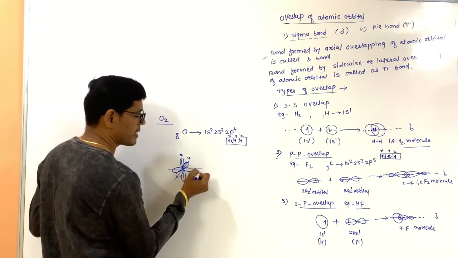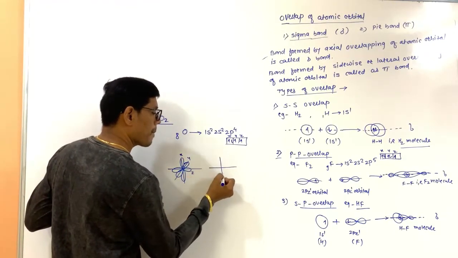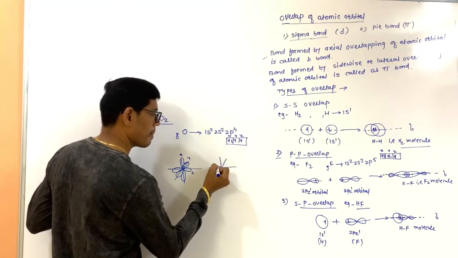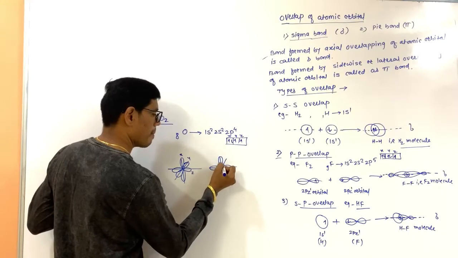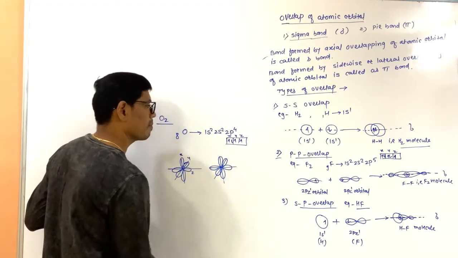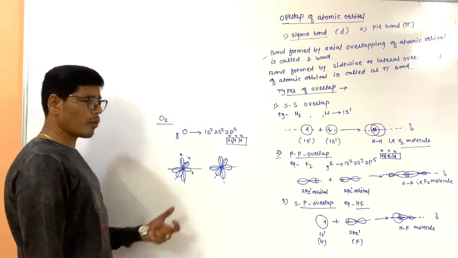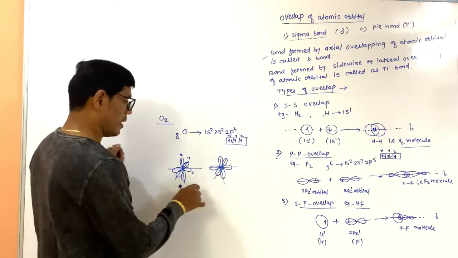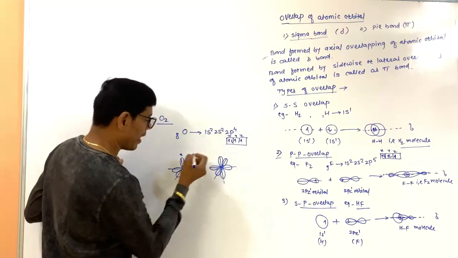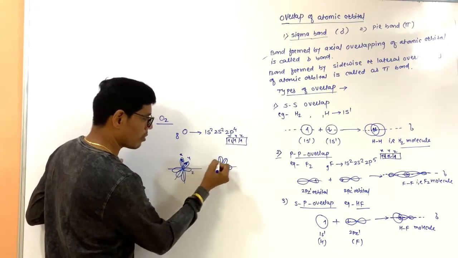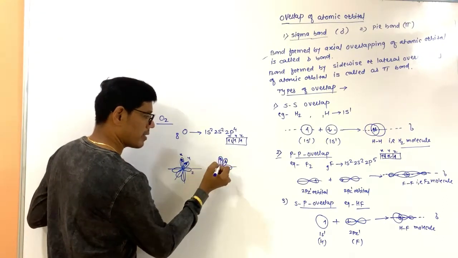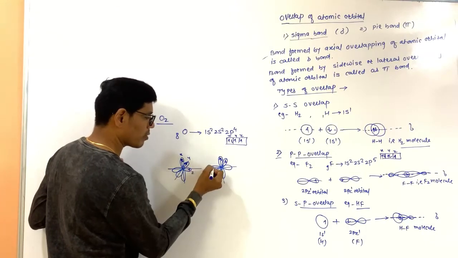X, Y, Z. The axes will be x, y, z like this. Now x orbital is filled, y orbital consists of one electron, z consists of one electron.